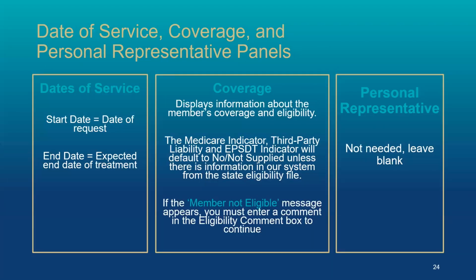So when the rest of the panels show up, there will be a dates of service panel. Your start date is the date of the request, and the end date is the expected end date of treatment. So if someone is going to be getting their glasses or their contacts and you're not really sure exactly when that's going to be, you could put in a month span or whatever, if they're going to be in there during that time period.